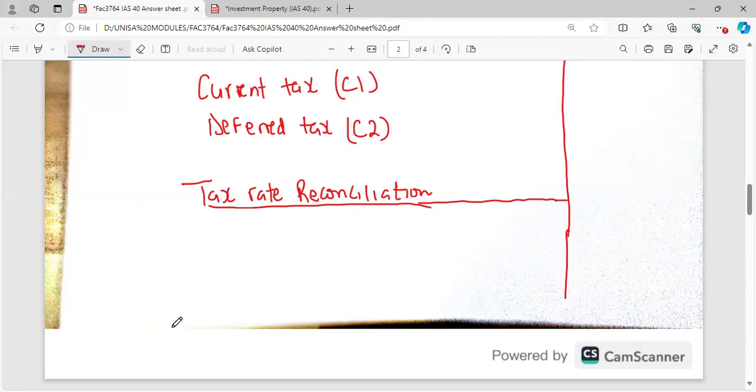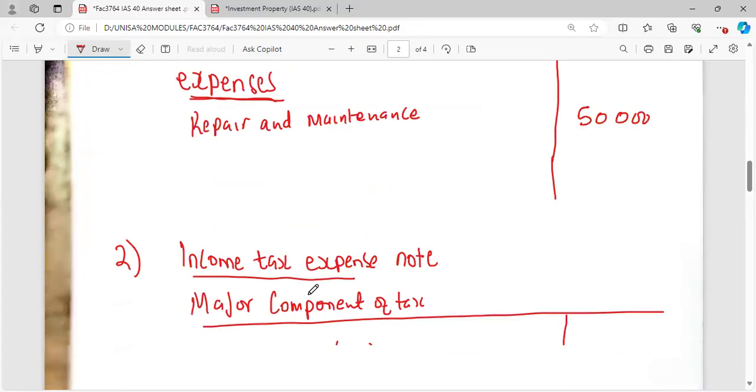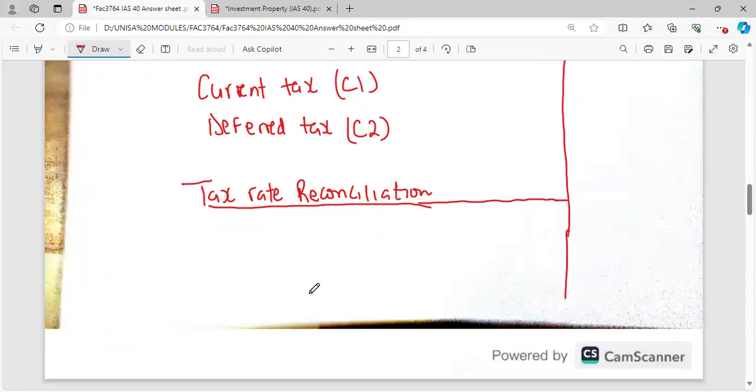Let's just check the question again. So deferred tax is going to stand on its own. But I think we need deferred tax so that we can be able to calculate. Okay, it's fine. We'll calculate deferred tax. Then what else do we need?